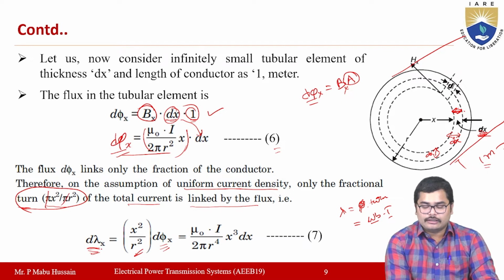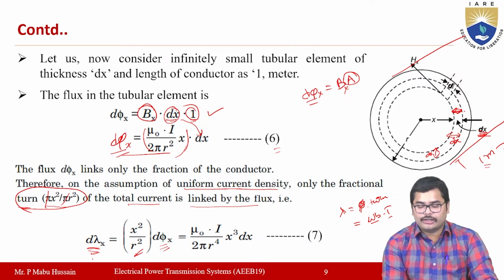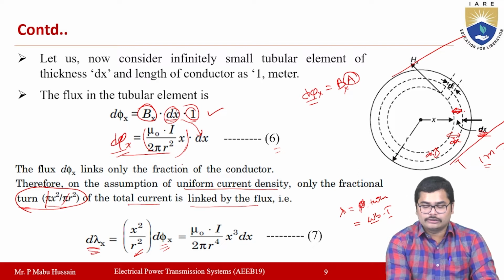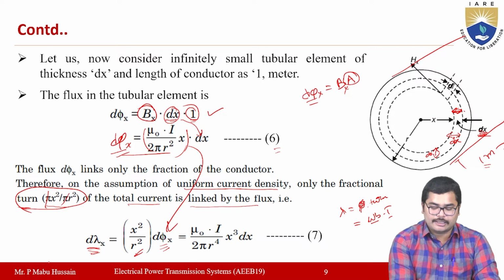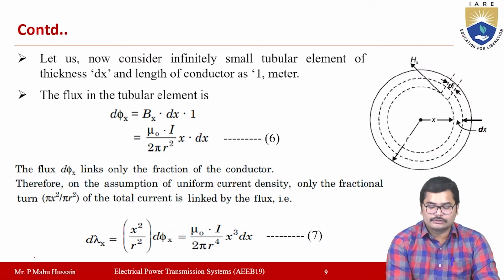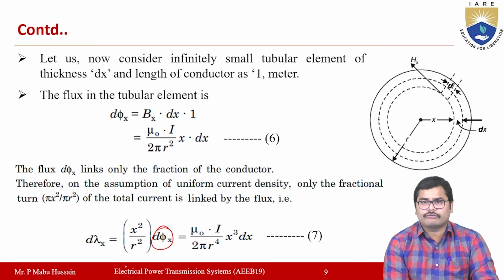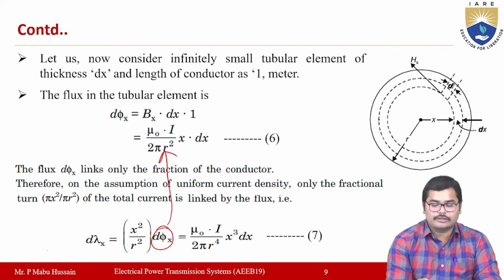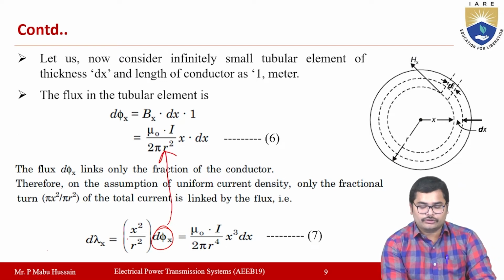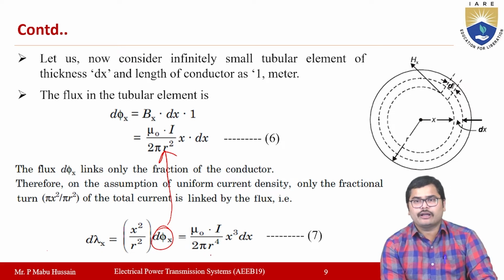Then d lambda x, from the expression mu 0 I by 2 pi r power 4 into x cubed, you will get. In place of d phi x you can substitute this expression, and you will get d lambda x equal to mu 0 I by 2 pi r power 4 into x cubed dx.